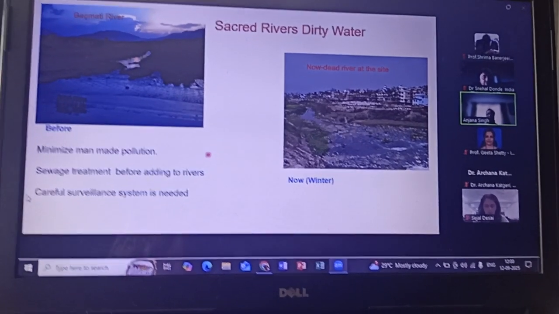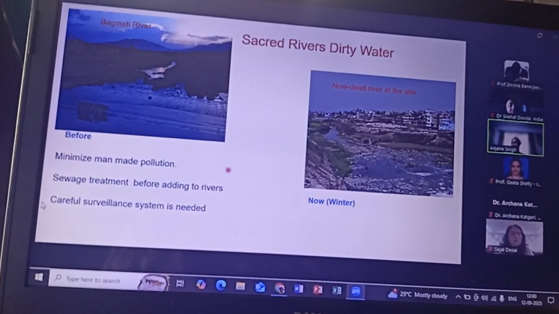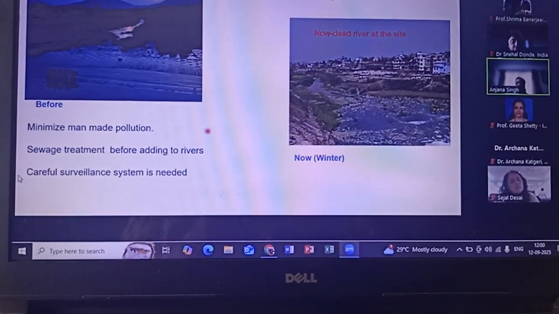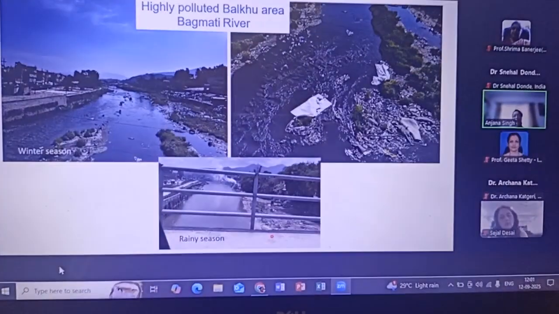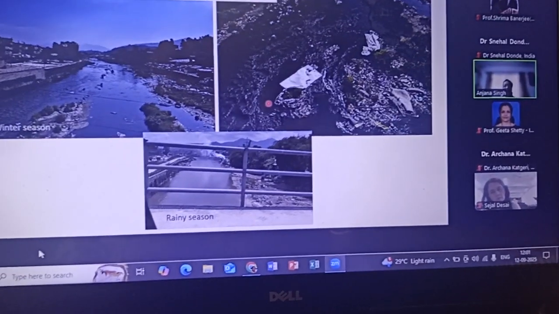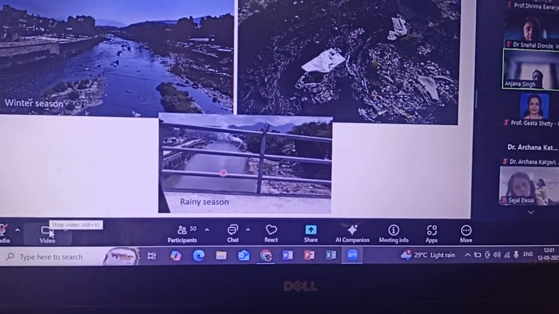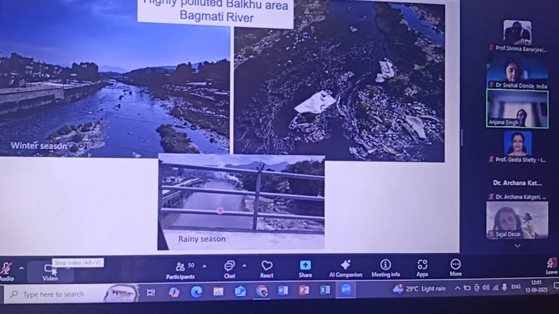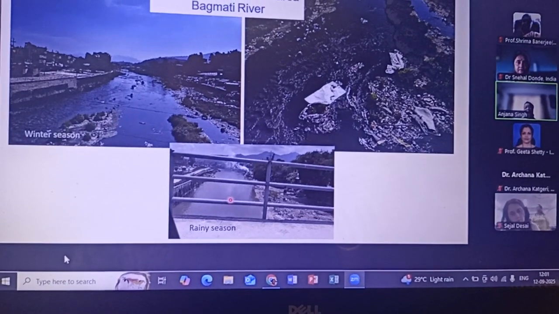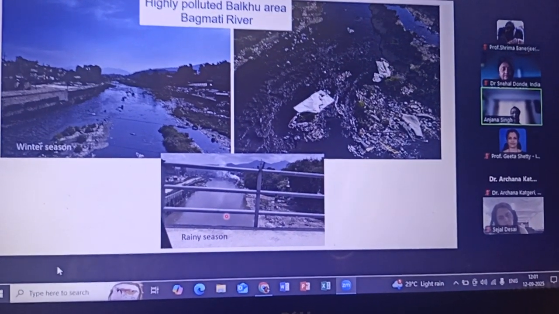Sewage is not being treated before being added to the rivers. There should be very careful surveillance of how it has been polluted, and the color of the water is so dark. In the rainy season, luckily, since Kathmandu Valley is situated 1500 meters above sea level, our ground is quite sloping, so it looks cleaner, though the water is muddy.